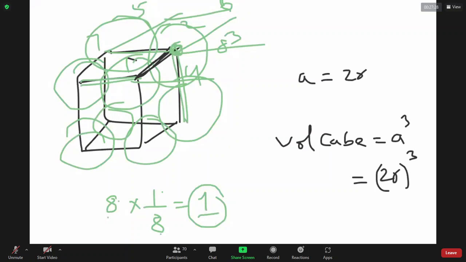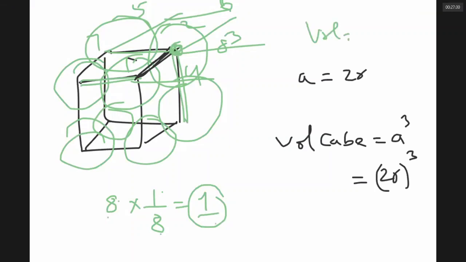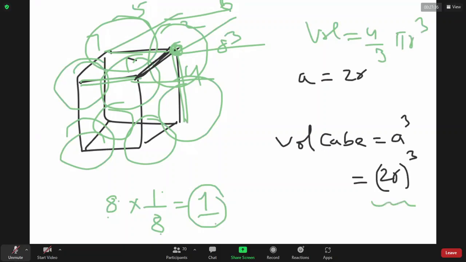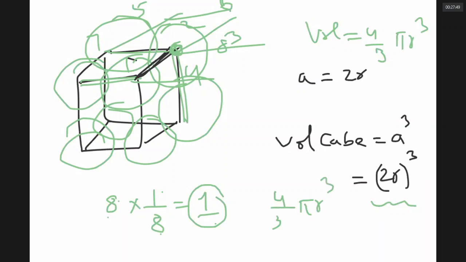Volume of a sphere is given by 4/3 pi r cube. Volume of this unit cell is given by 2r whole cube. Now, what is the effective space occupied by particles of the unit cell? That is called efficiency. Efficiency is equal to 4/3 pi r cube divided by 8r cube.